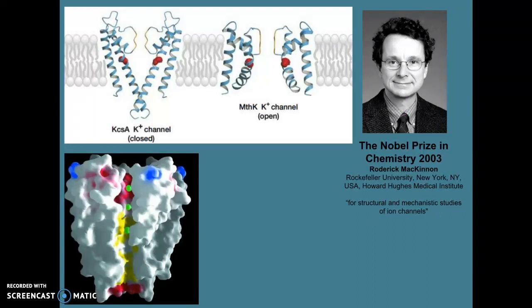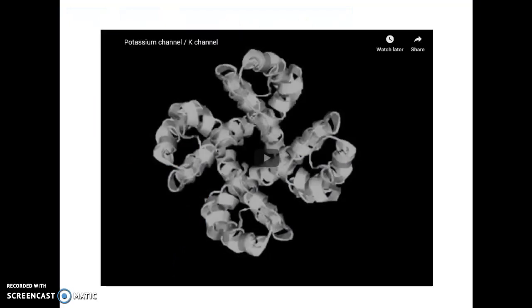There are coordinating amino acid lysines inside of the selectivity filter that are going to hand off this positively charged potassium from one to another until the potassium goes through the channel. The sodium is just too small. So you're going to want to watch this video on the potassium-sodium selectivity filter.